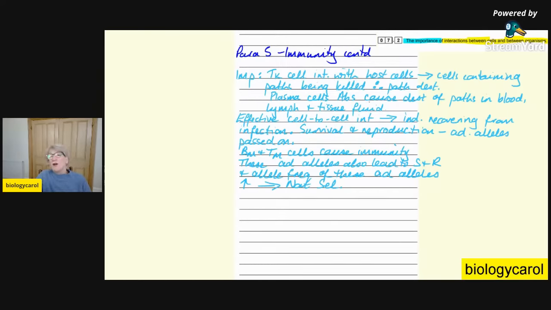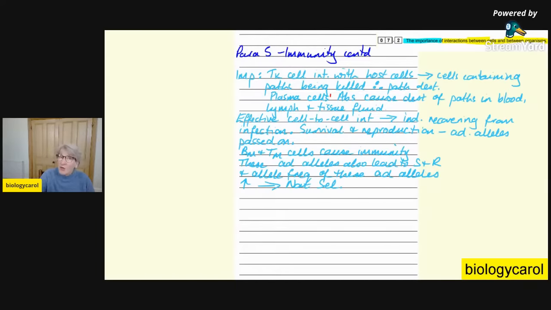The T killer cells interact with the host cells, cells containing the pathogens being killed, and therefore the pathogens being destroyed. The plasma cells' antibodies cause the destruction of pathogens in blood, lymph, and tissue fluid. Effective cell-to-cell interaction leads to an individual recovering from infection.